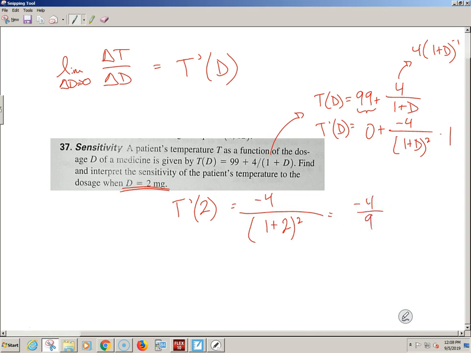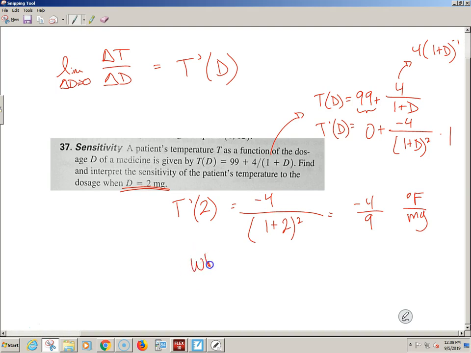And then the interpretation, what is this saying? It's the rate of change of temperature with respect to dosage when the dosage equals 2. But we could put that all together and be all snazzy by saying, okay, temperature, I believe, is degrees Fahrenheit with respect to milligrams.